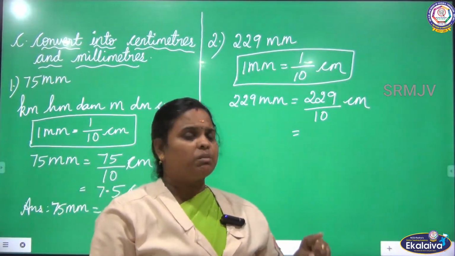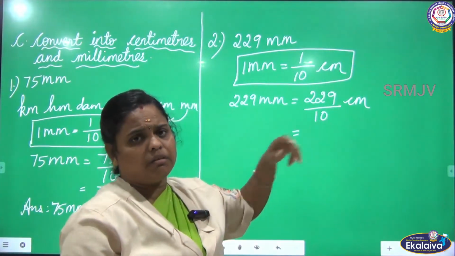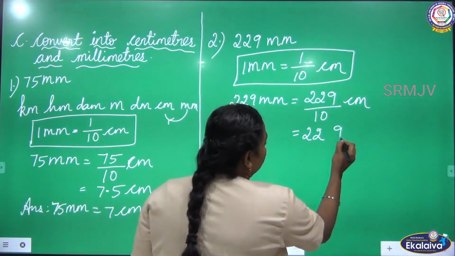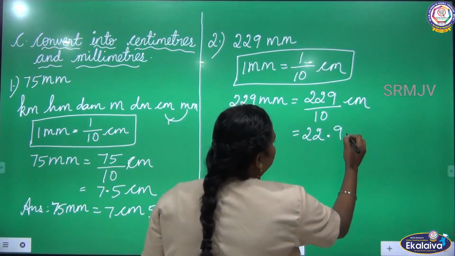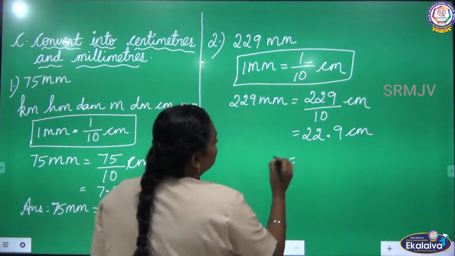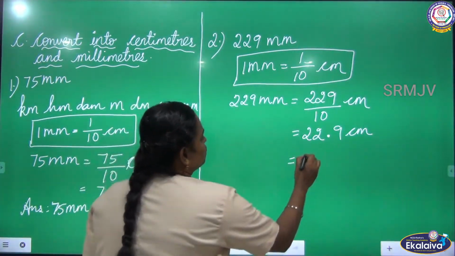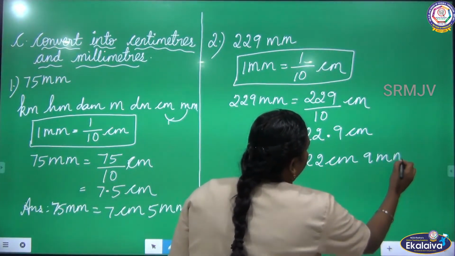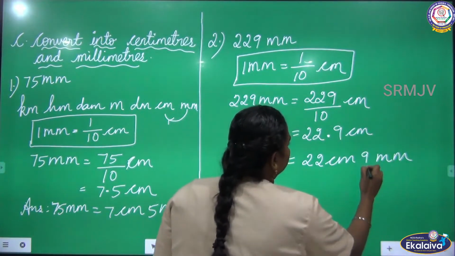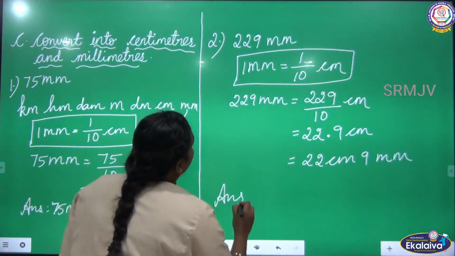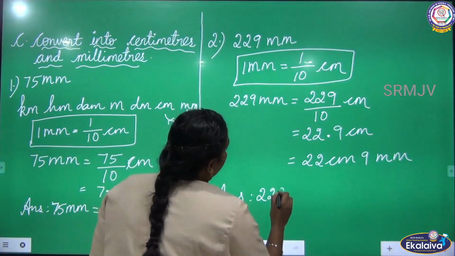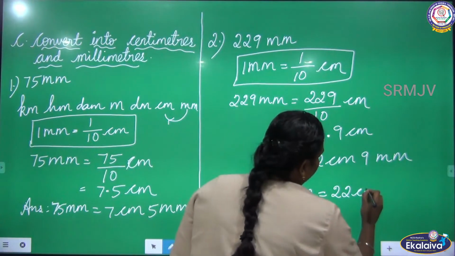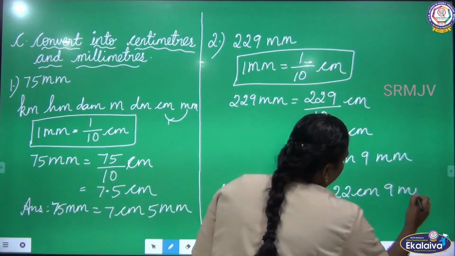Only 1 decimal place, because in the denominator 10, only 1 zero. So from the back you leave only 1 digit, then put the decimal point. So tell me the centimeter and millimeter. So 22 centimeter and then 9 millimeter. So the answer is 229 millimeter equal to 22 centimeter and then 9 millimeter.